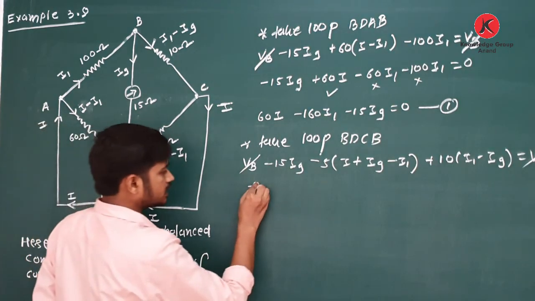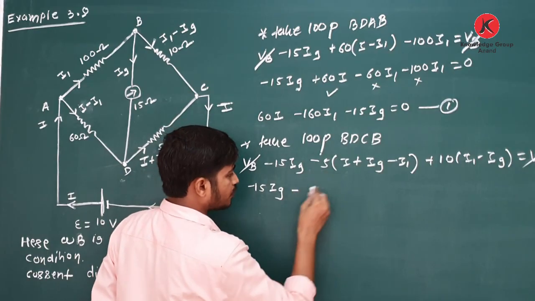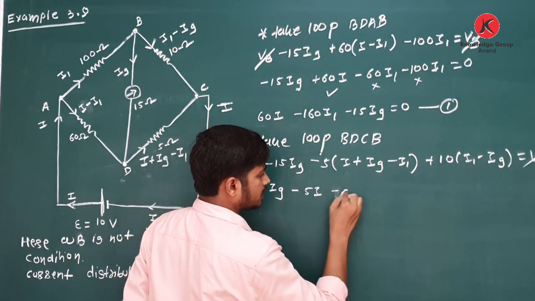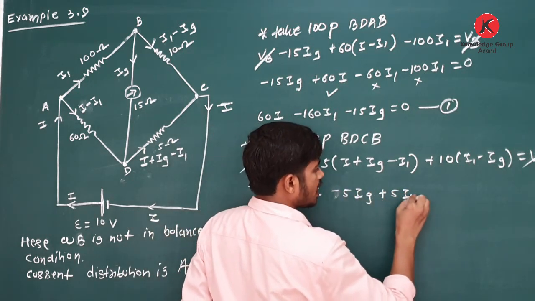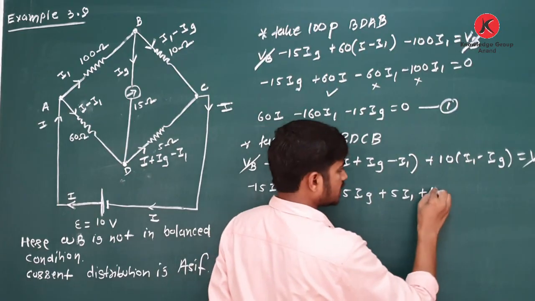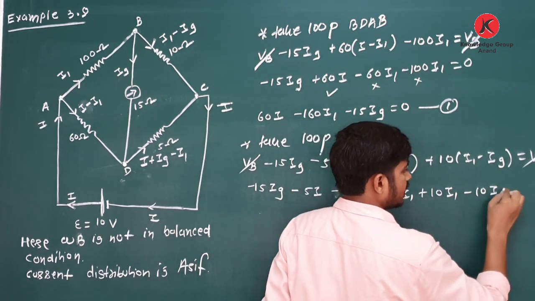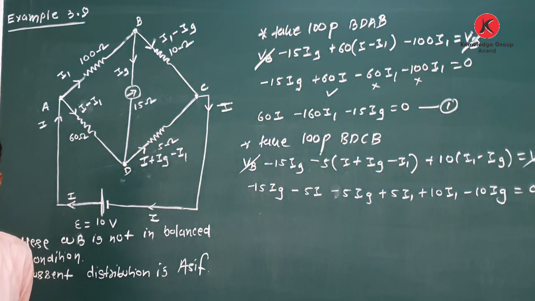So minus 15 Ig minus 5I minus 5 Ig plus 5 I1, plus 10 I1 and minus 10 Ig is equal to 0.